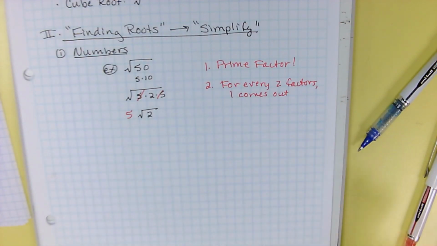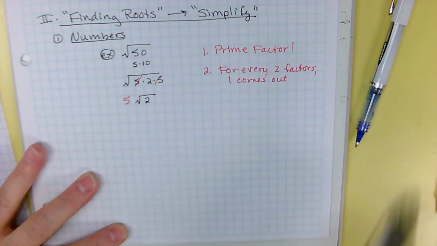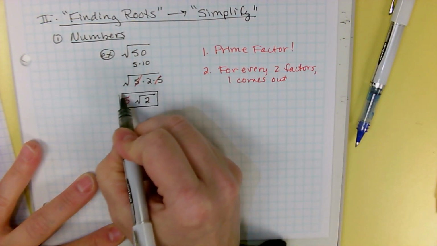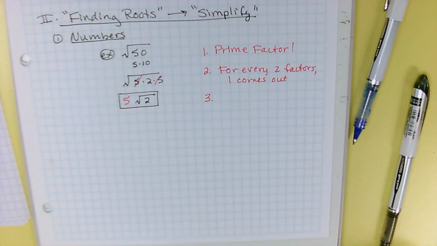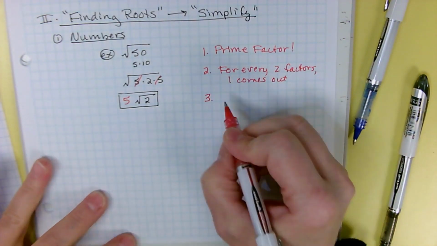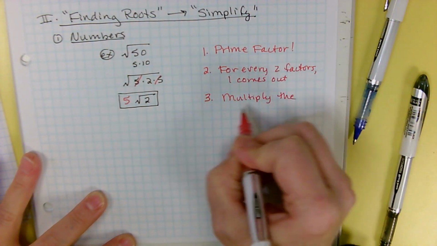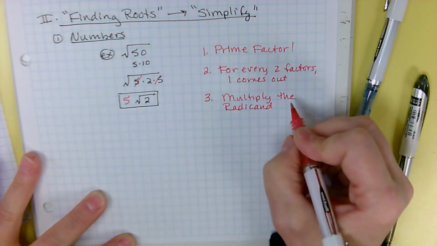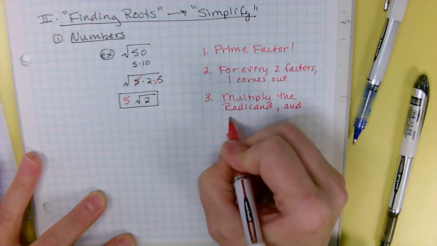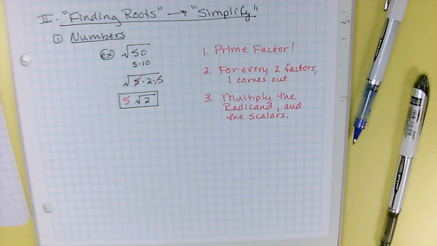Now, this is a fairly simple example, so that actually would be the answer, 5 square root 2. But the unwritten steps are, after you've simplified the factors out, you multiply the radicand, so whatever's left gets multiplied back together, and the scalars, whatever is out in the front, also gets multiplied together.